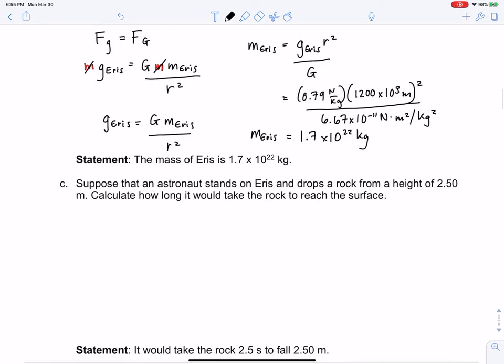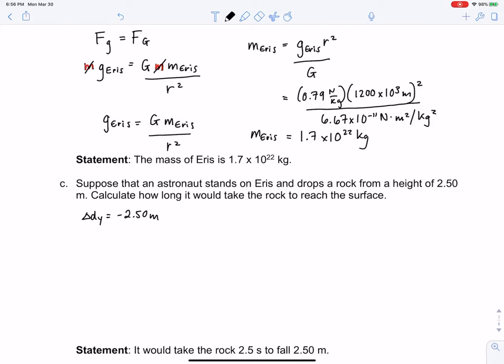In part C, suppose that an astronaut stands on Eris and drops a rock from a height of 2.50 meters. Calculate how long it would take the rock to reach the surface. So we know the vertical displacement is negative 2.50 meters.